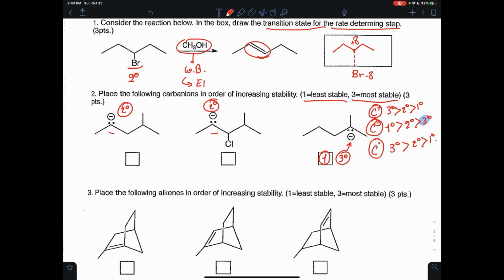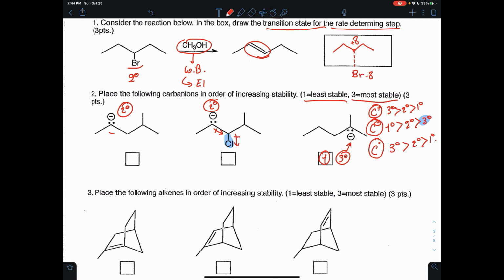Now comparing these first two, everything is the same except for having this chlorine on there. This chlorine is the major difference between them. And remember when we talked before about induction, right? This is gonna pull electrons by induction. And why is that a good thing? Because it's gonna allow the delocalization of the charge.